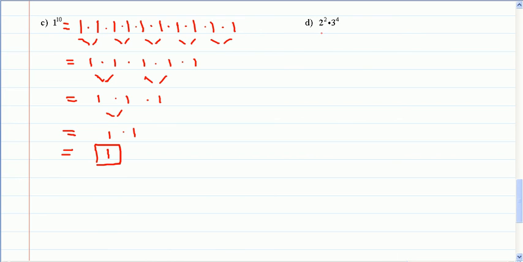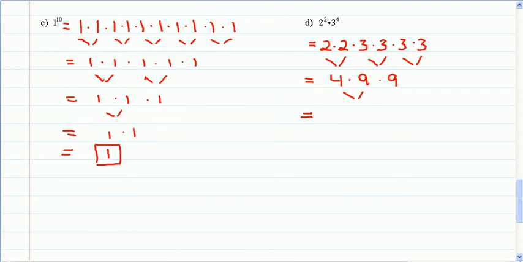For part D, 2 squared times 3 to the 4th. 2 squared means two values of 2 multiplied together, and 3 to the 4th means 4 3's multiplied together. So I take 2 numbers at a time and multiply them together. 2 times 2 is 4. 3 times 3 is 9. 3 times 3 is 9. 4 times 9 is 36.